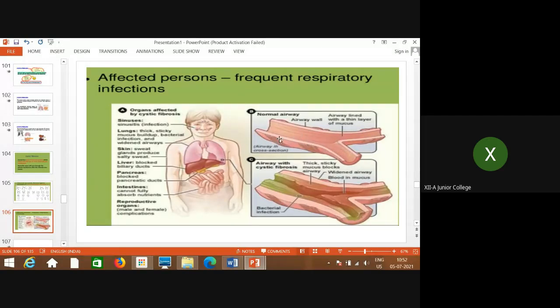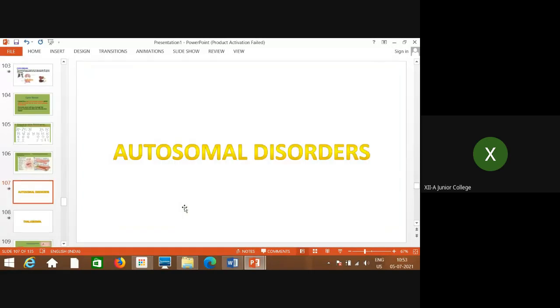If the secretion is increased in cystic fibrosis, it forms mucus which accumulates on the walls of these vessels, and bacterial infection very easily grows over there and may cause a very severe attack.